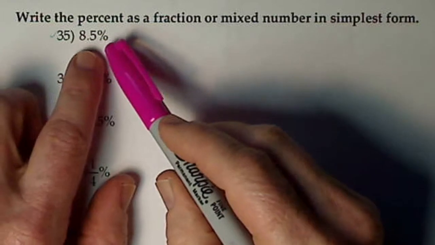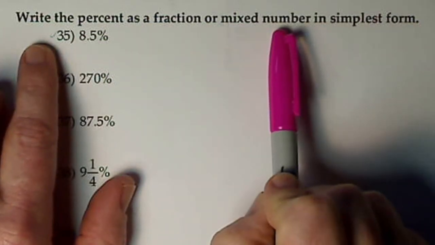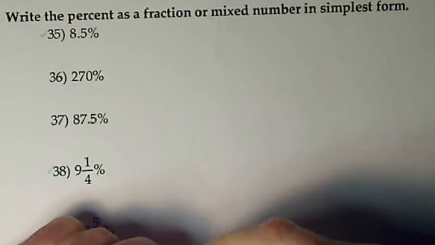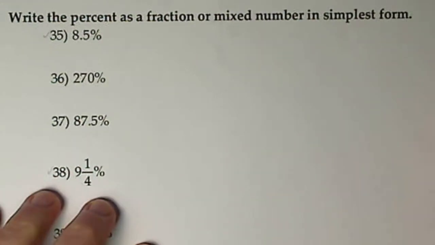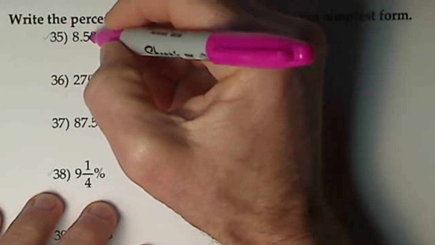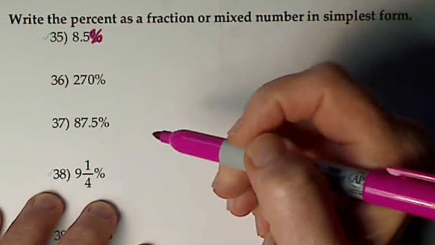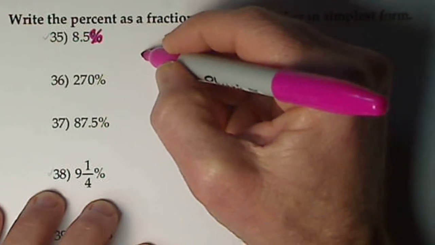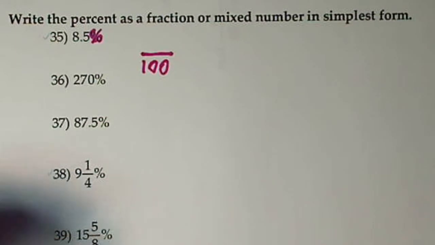In this case, just moving the decimal 2 places isn't going to help us because they want to see a fraction or mixed number. So I'm going to resort back to the logic here. This means that it's really sitting over 100. It's just easier to write it that way. Okay, so we have 8.5 sitting over top of 100.